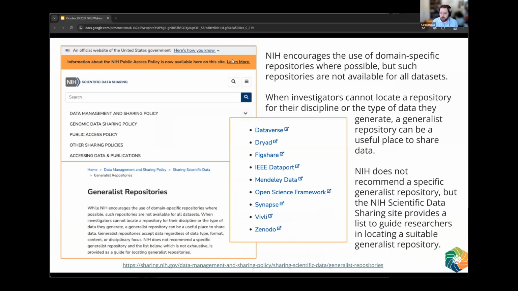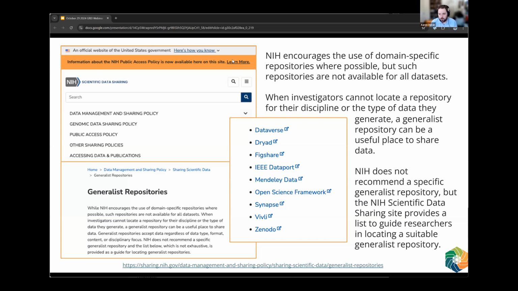When looking at repositories, the rule of thumb is that the NIH encourages this, and we encourage it as well: if there is a domain specific repository that exists for your area of research, that should be your first choice. Whatever discipline, whatever research topic that is, if there's something within your domain that's available, go with that first.